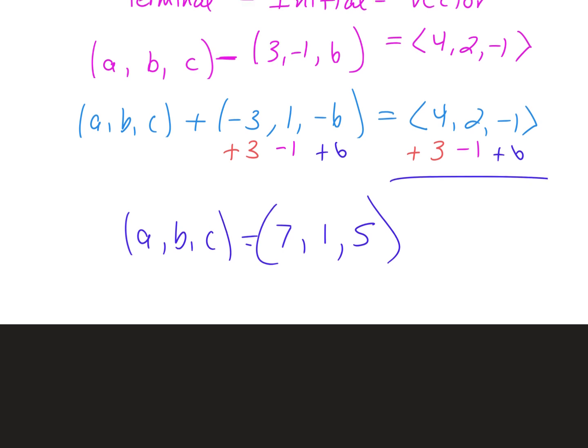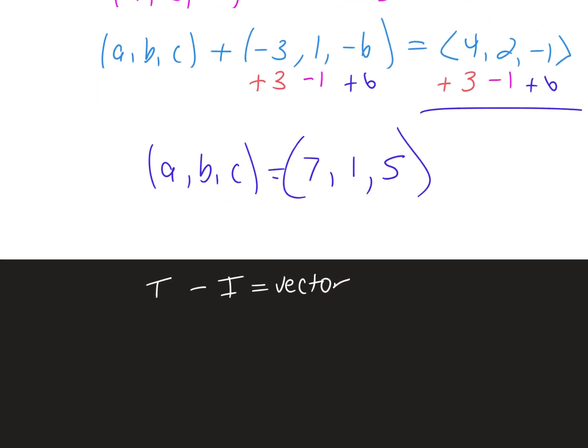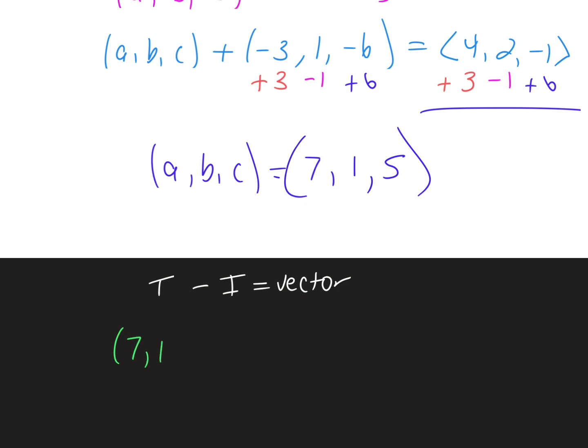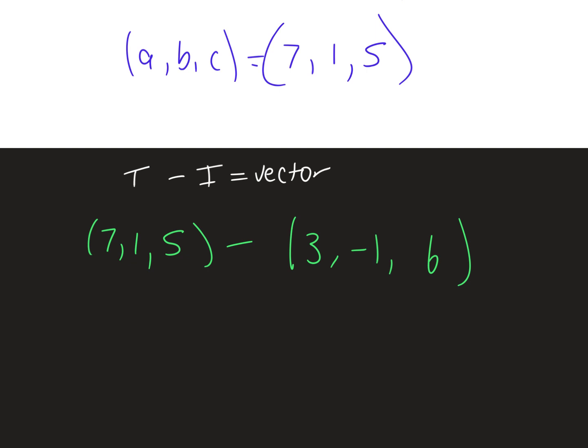I can do terminal minus initial, can't I? I know terminal minus initial will give me my vector. So let's see what happens. I just found what I think to be the terminal point, right? 7, 1, 5, minus, what was the initial? So they gave me 3, -1, 6. All right, so let's find the component form with these two and just see if we got it right. First minus first.